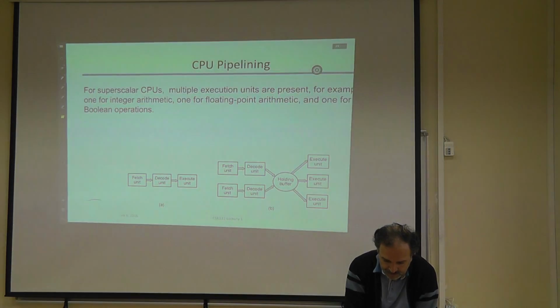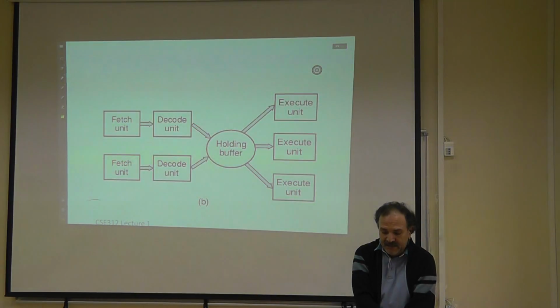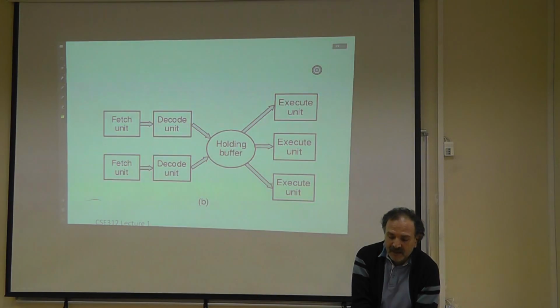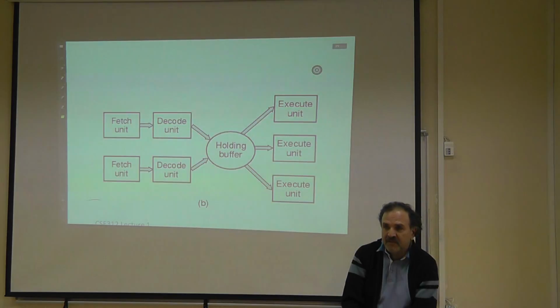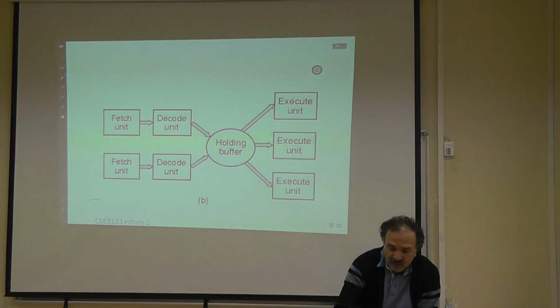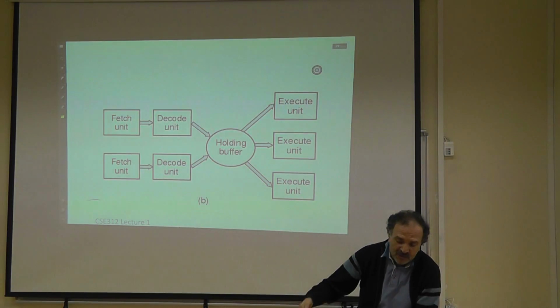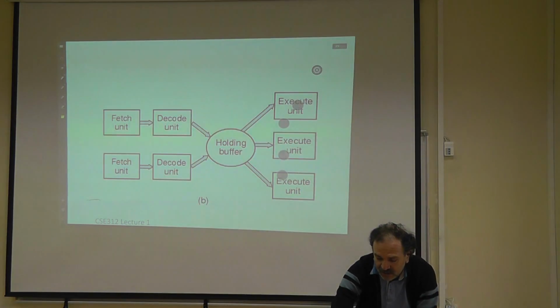Now, a more sophisticated version of pipelining. You don't have a single pipeline, you have more than one pipeline. So in this case, 2 times speedup, 4 times speedup. But at the end of each pipeline, you don't have your execution yet, because sometimes the execution takes more than one clock cycle. You have many execution units.